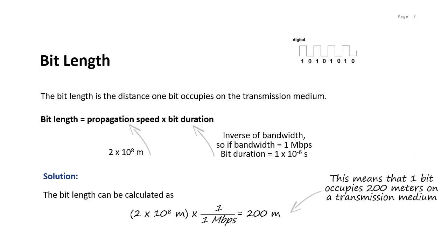What does it mean by 200 meters? It means that one bit occupies 200 meters on a transmission medium. Obviously, that is not very practical. So that's why we need to have a better bandwidth. We always want better bandwidth. With better bandwidth, the bit duration will be smaller, hence the bit length will also be shorter.